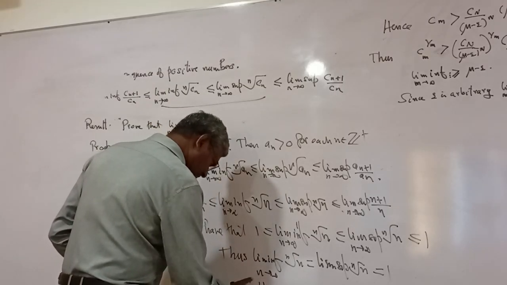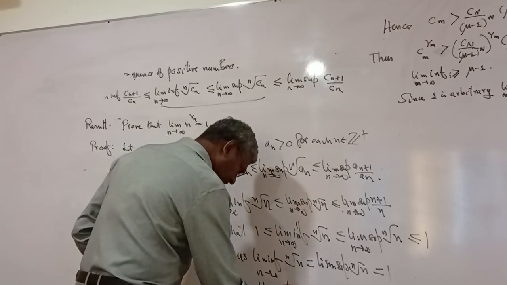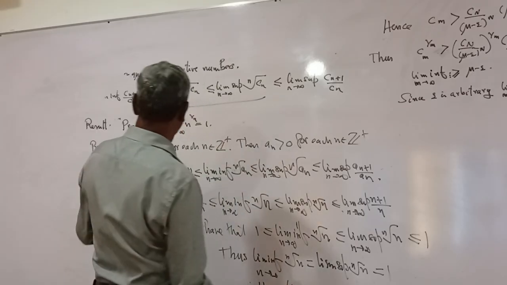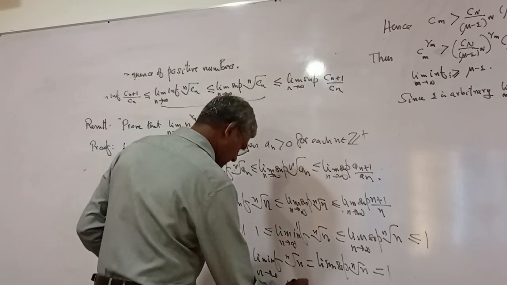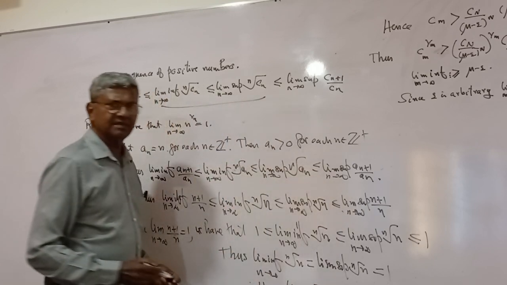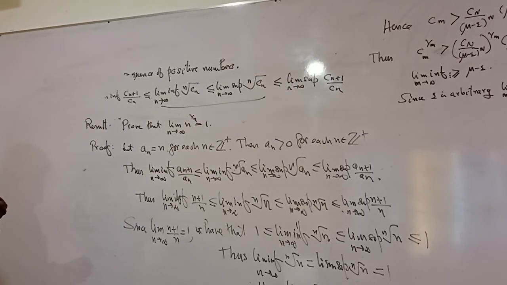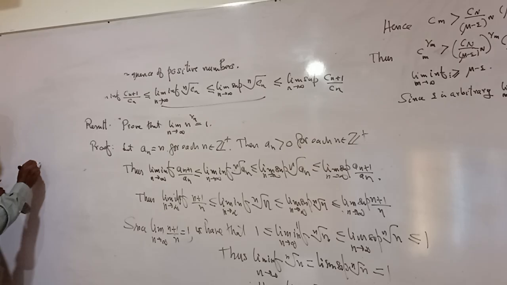Hence, the limit as n tends to infinity of the nth root of n is equal to 1. So the limit of the nth root of n is equal to 1. It's a little bit difficult to believe.